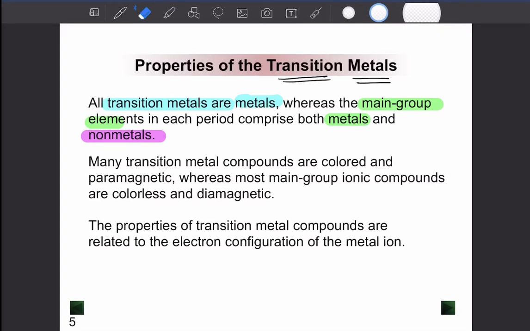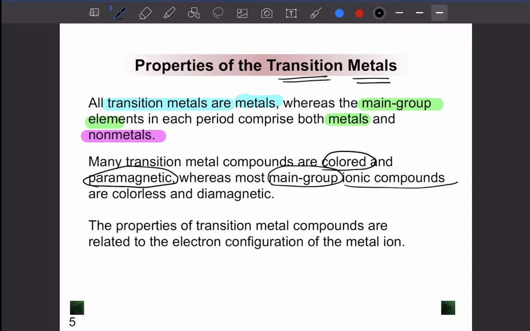Many transition metals form colored compounds and are generally paramagnetic, and most main group elements form ionic compounds that are colorless and diamagnetic.